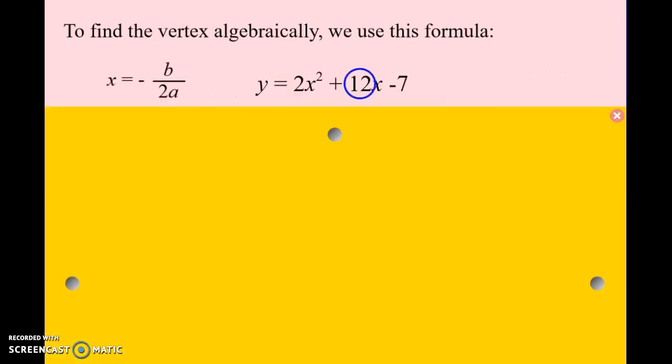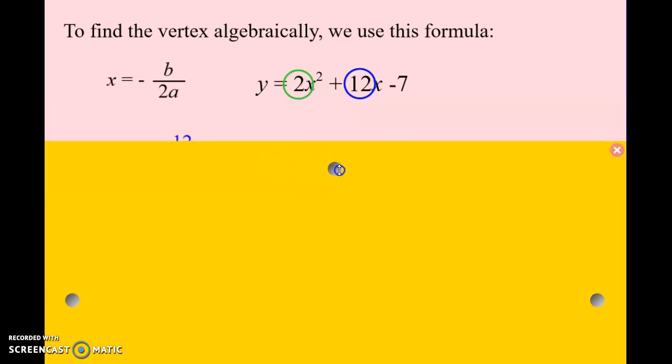So to find the vertex algebraically, we use this formula. x is equal to negative b over 2a, so take the opposite. We know that the b is 12 and that the a is 2, and we're just going to substitute those into the equation.